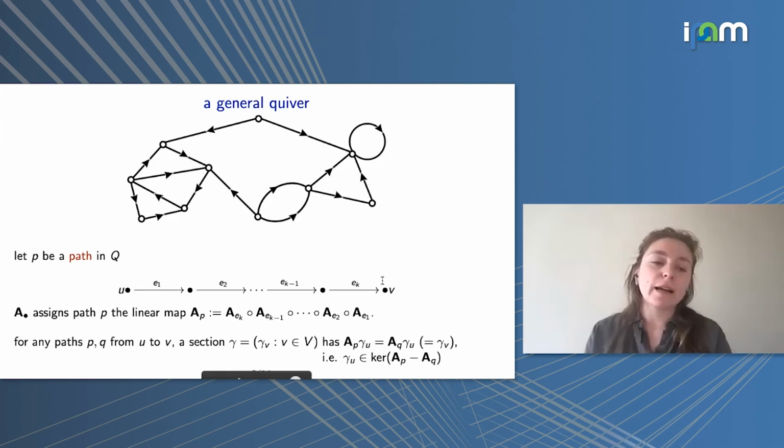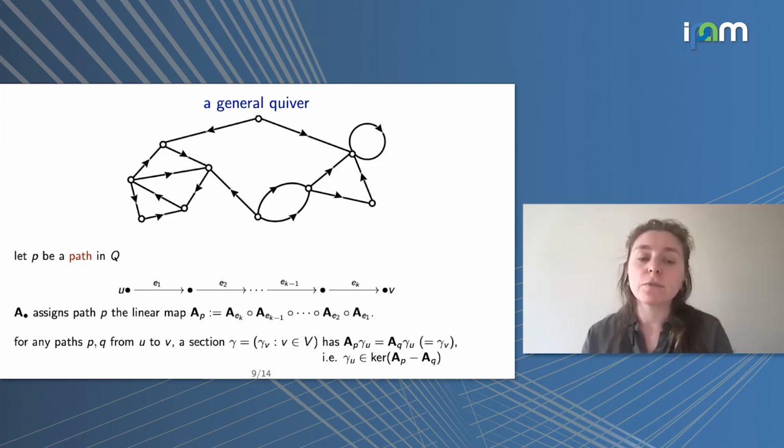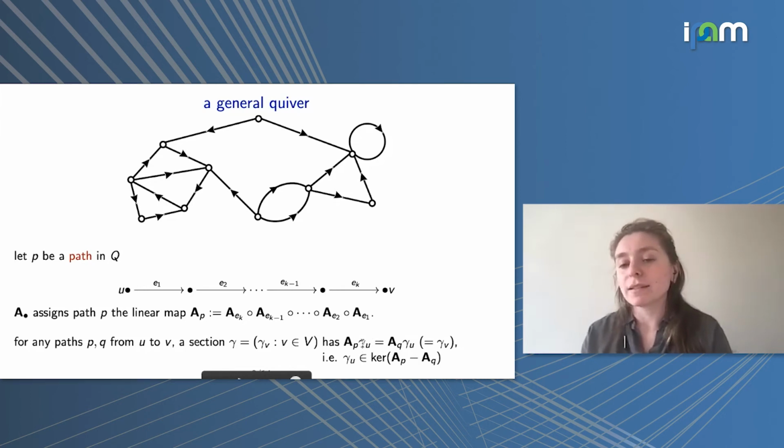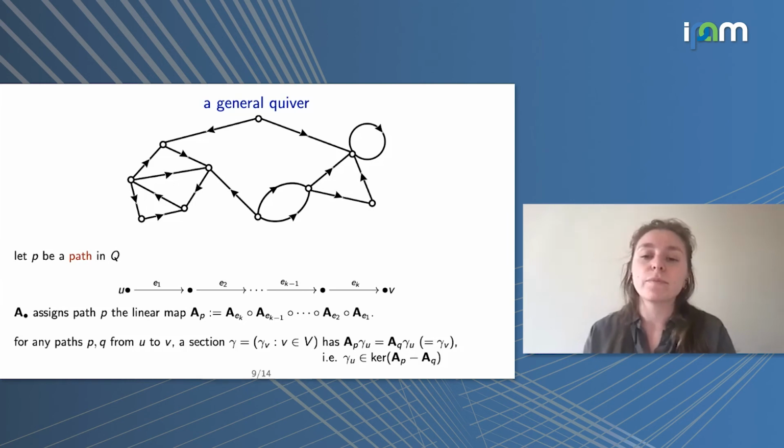And if we have any two paths, P and Q, from a vertex U to a vertex V in the quiver, then our section gamma must have this property that regardless of whether we apply the linear map A_P or the linear map A_Q, we have to get the same answer when applied to the section at U. So this says that gamma U has to be in the kernel of the difference between these two paths.